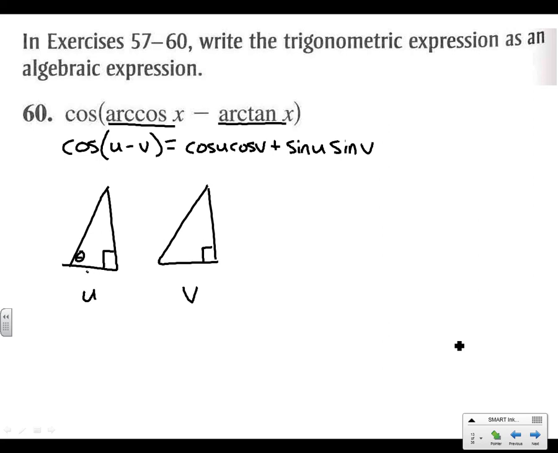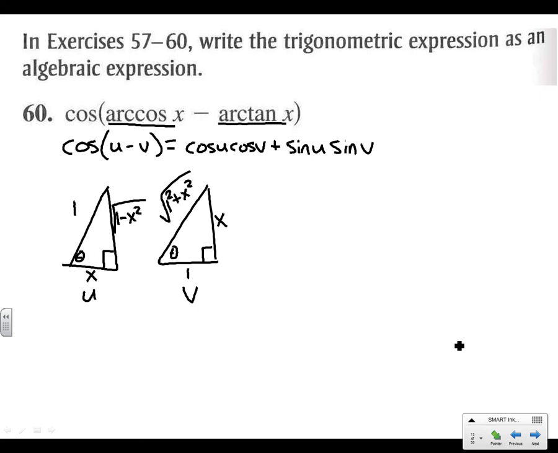That means the adjacent side is x over 1, which means if we do the Pythagorean theorem, we're going to have the square root of 1 minus x squared. And then for v, the tangent is x over 1, so opposite over adjacent is x over 1, which would give us the square root of 1 squared, or just 1, plus x squared for the hypotenuse.